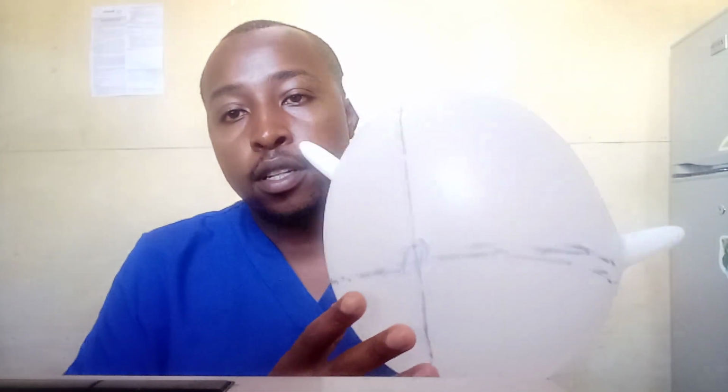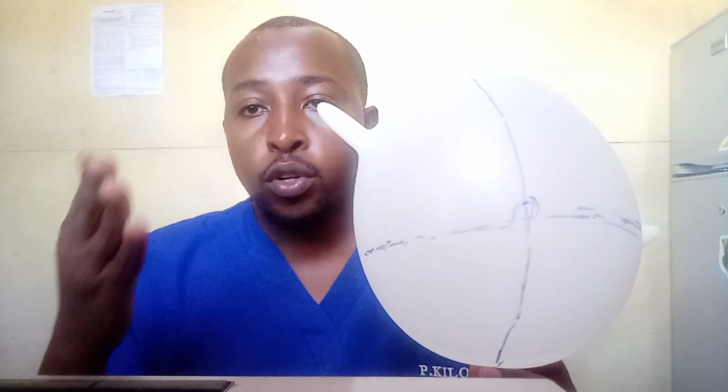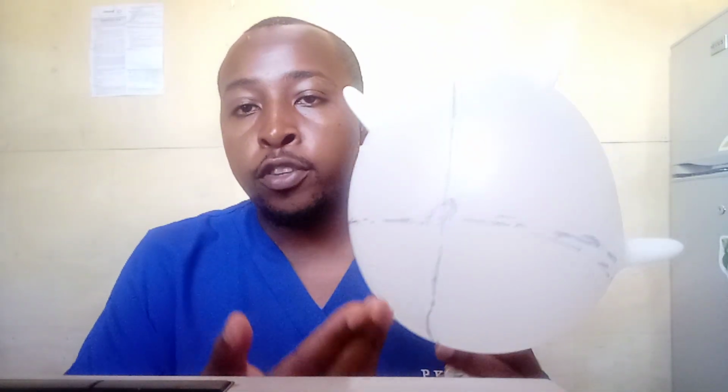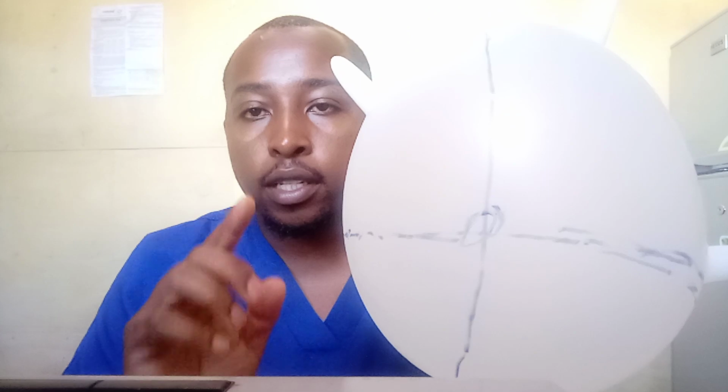This is your breast, and whenever you are examining your breast, you need to use the palm aspect, not your fingertips. If you do it with your fingertips, it's wrong. You do it with your palm. So you divide your breast into 4 portions as indicated, and you examine one part at a time.